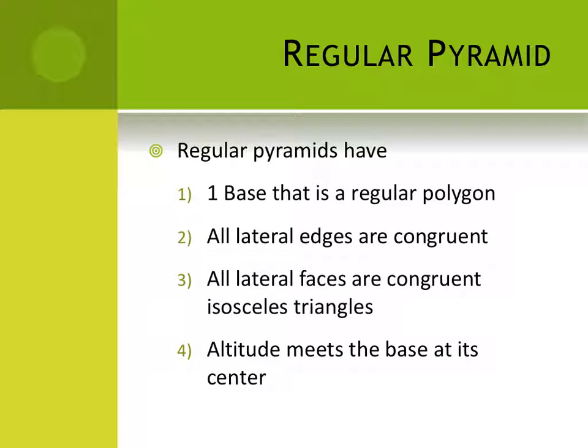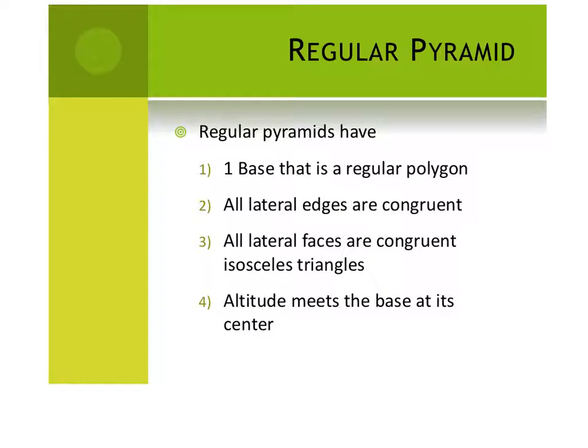So our first slide, it's talking about what a regular pyramid is. Okay, so when we have a regular quadrilateral pyramid, we would know that the base in a regular quadrilateral would be a square.